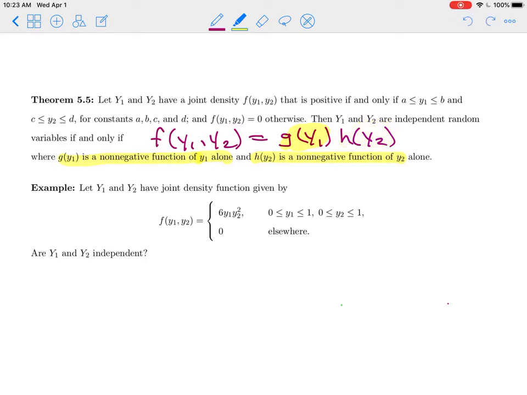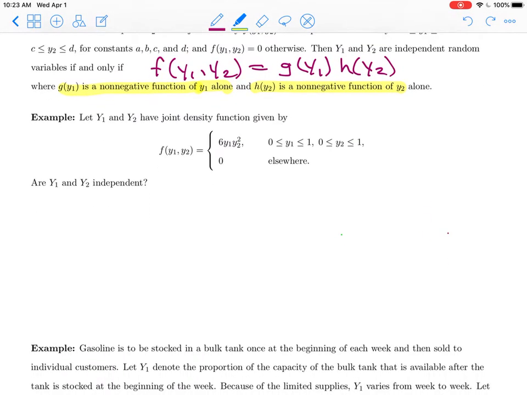All right, so let's take a look at this in action in an example. Here we have this example. Let y1 and y2 have a joint density function given by this, and we want to know, are y1 and y2 independent?